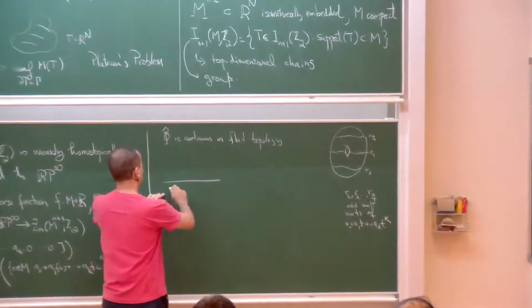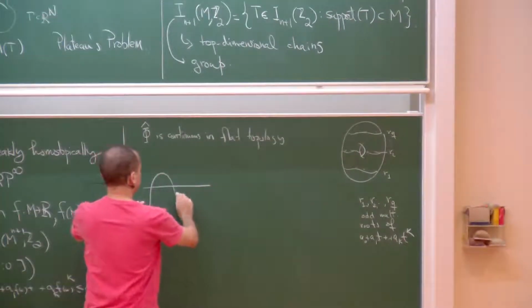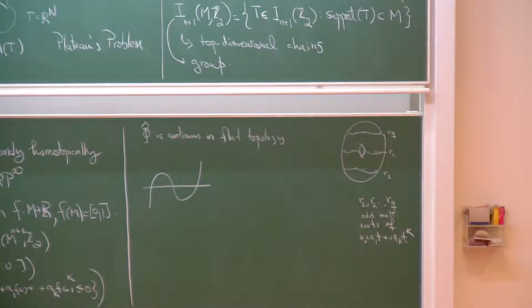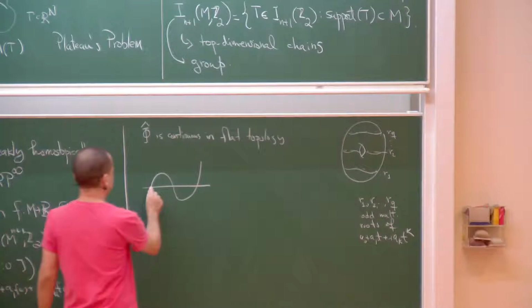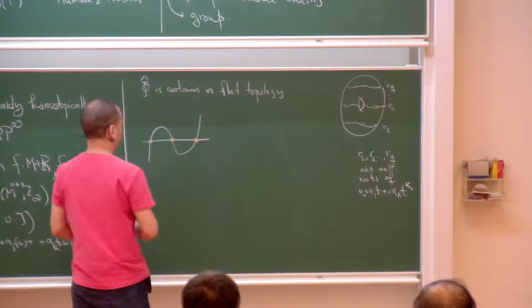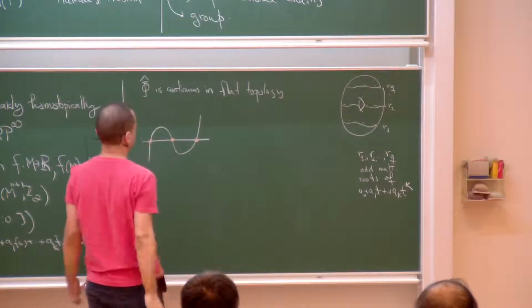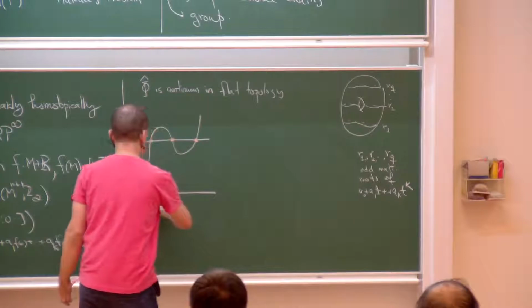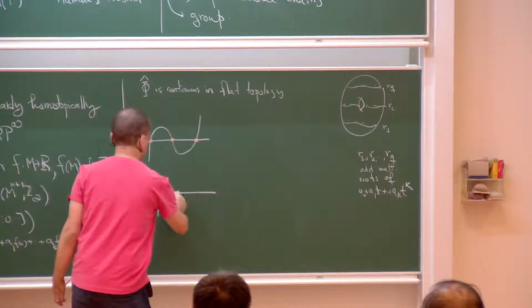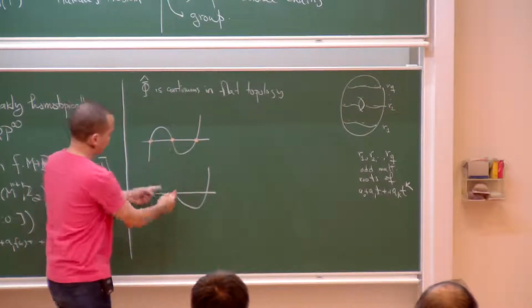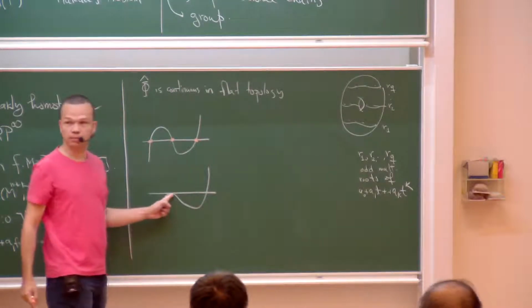For instance, take a polynomial of degree 3, which does something like this. The roots are going to be these three guys here. Then maybe you push the polynomial down so that eventually it does this. But then this root now has multiplicity 2.